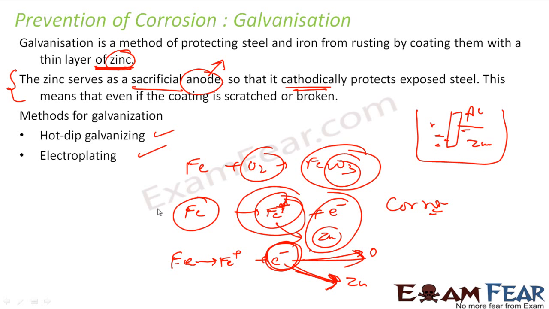In electroplating, I think we have discussed the electroplating thing, where we have this aluminum here and we have this zinc thing here, right? It goes here gradually. In this case, this is aluminum and it is made the cathode actually.